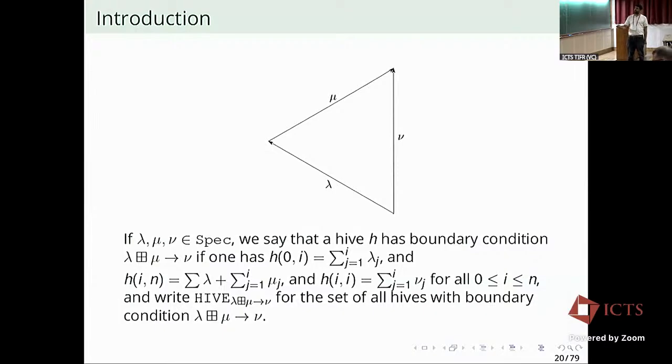So the hive conditions are the successive cumulative sums of the lambda j. The other hive conditions are the sum of lambda j plus the sum of mu's, and this is the set of all hives with boundary lambda plus mu arrow nu. So this is just saying that the actual entries that you see on the boundary are obtained by taking these cumulative sums, which is something we have already discussed.